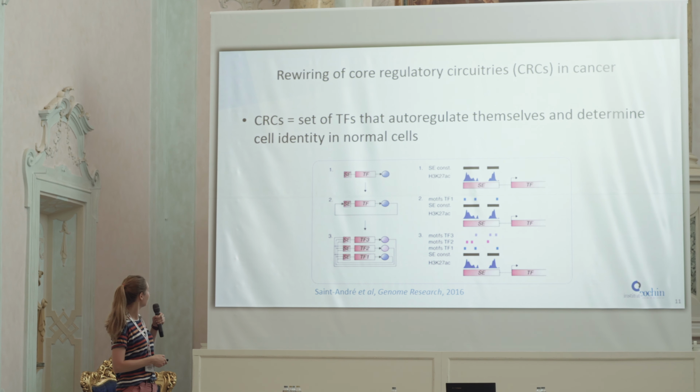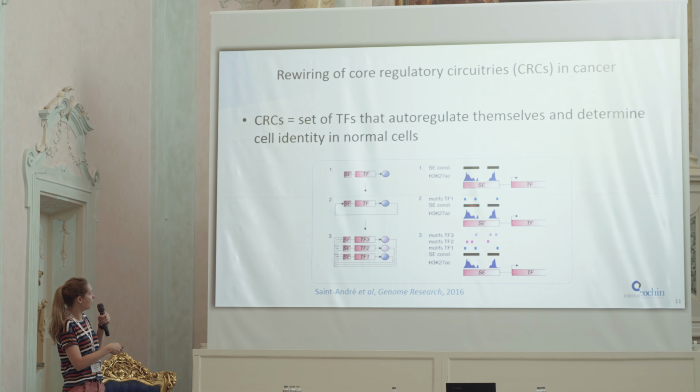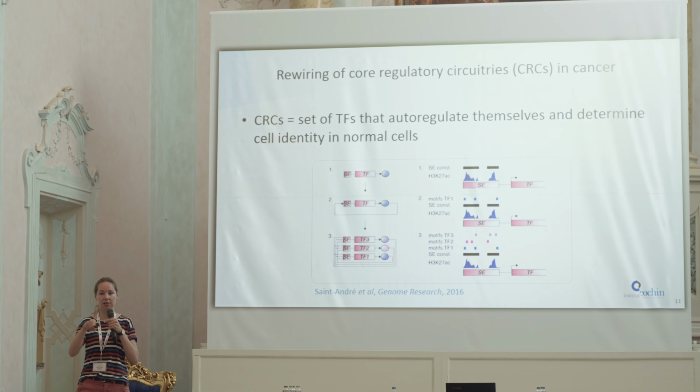Okay, so I will try to explain. CRC, core circuitry, is a set of transcription factors with certain properties. Each transcription factor is encoded by a gene with a super enhancer, and there are motifs for the product of this transcription factor in the super enhancer. So you have a positive feedback loop.